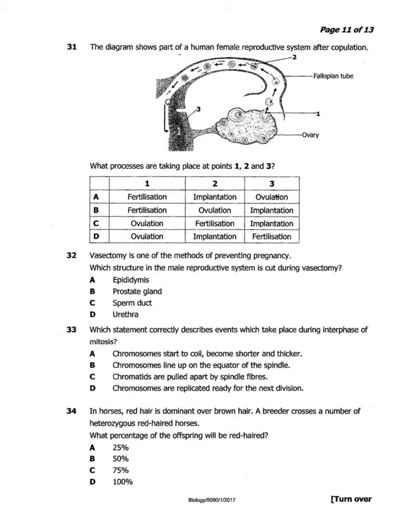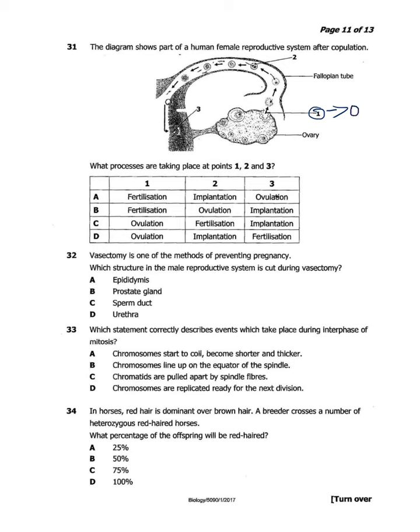31. The diagram below shows part of a human female reproductive system after copulation. So after copulation, we are looking at after sexual intercourse here. Then we have ovary. So ovary, step 1 here, we are able to see that the mature egg is being ejected from the ovary.